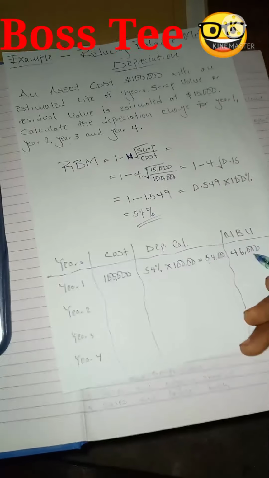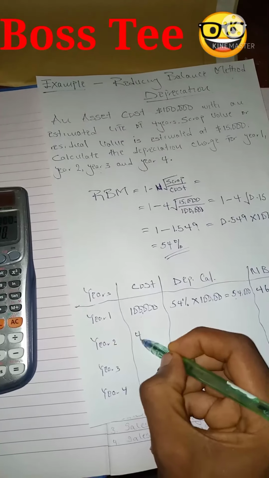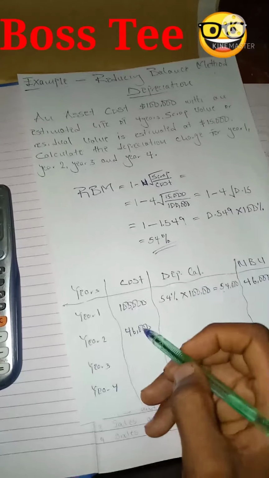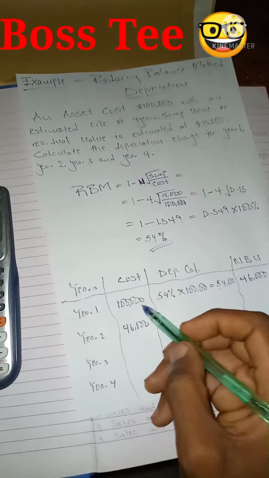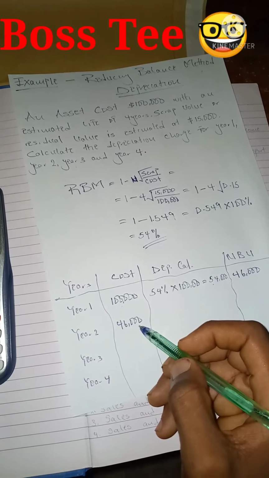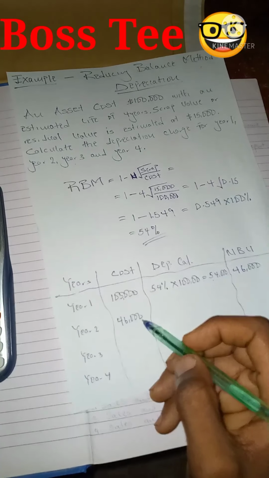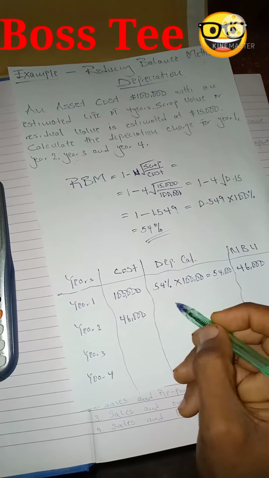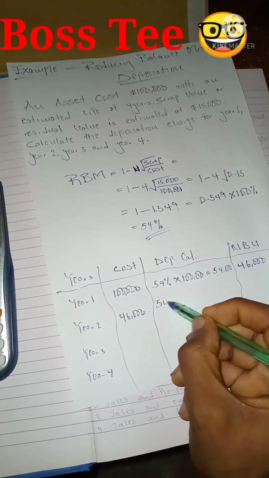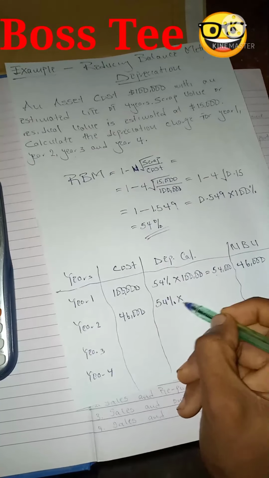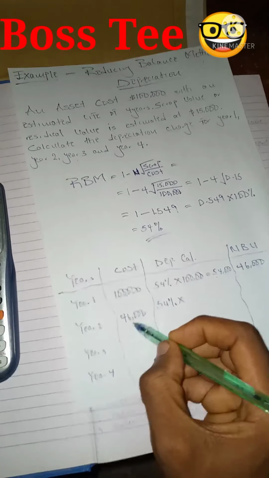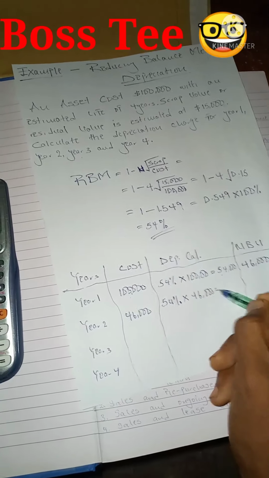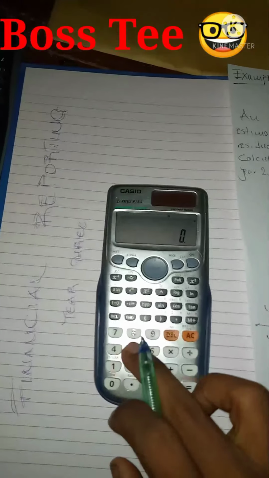So the value of the asset we have is 46,000. It reduced from 100,000 to 46,000 because there was a depreciation of 54,000. Now we still charge our 54%, but the value of the asset now in year two is 46,000. What do we have?